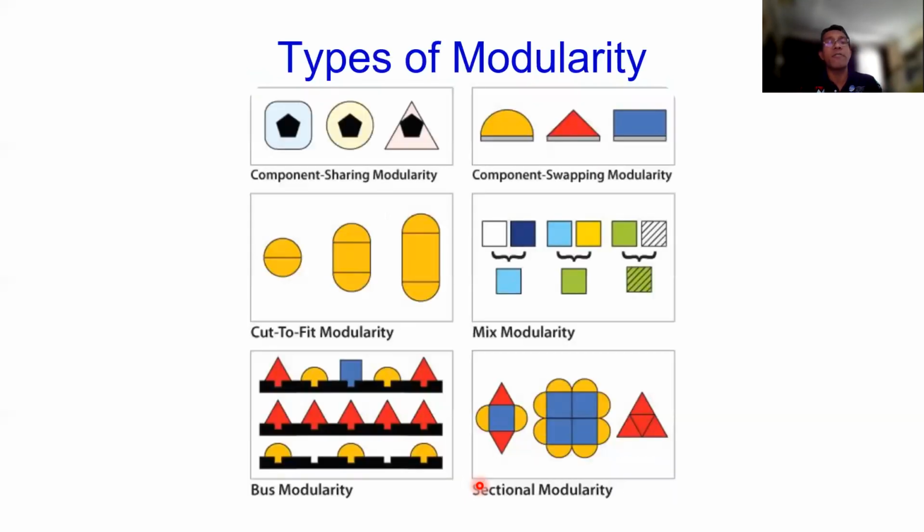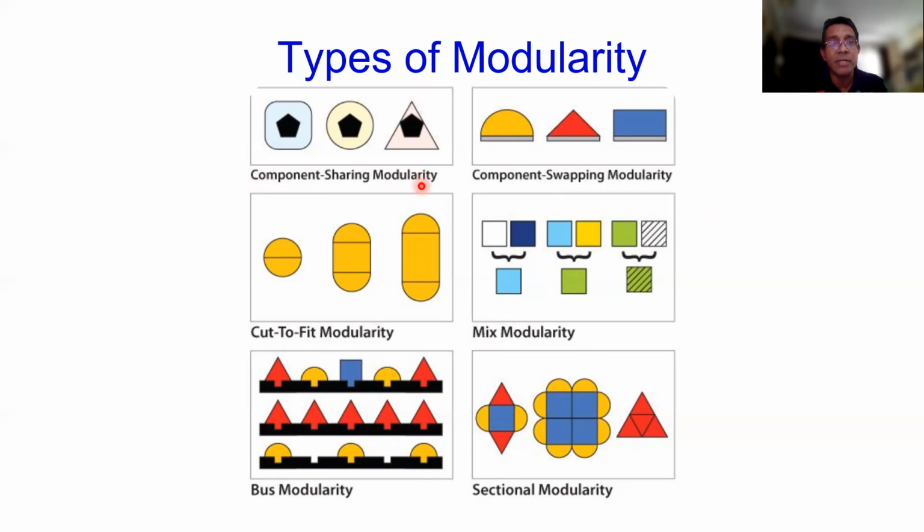So for the types of modularity, we discussed this one, but I repeat here, there are 3 types of modular architecture. They have slot modularity, which includes component sharing, swap modularity, fit modularity, and mix modularity. These are for the slot.